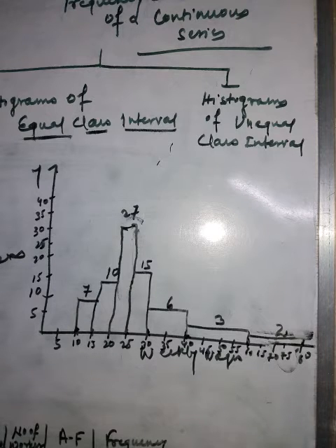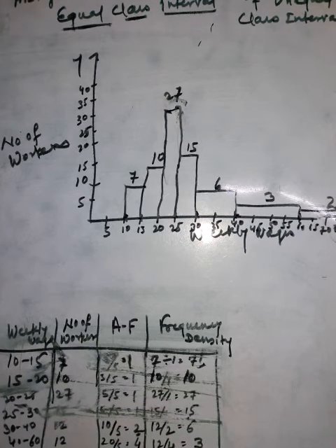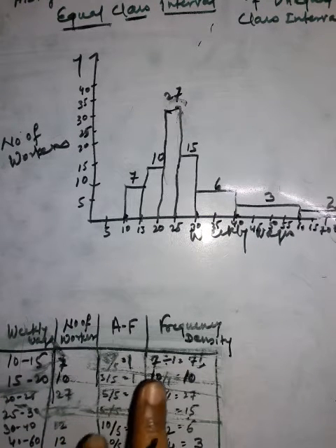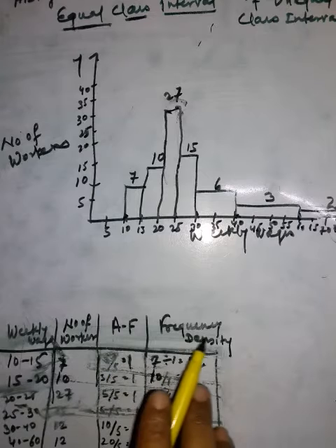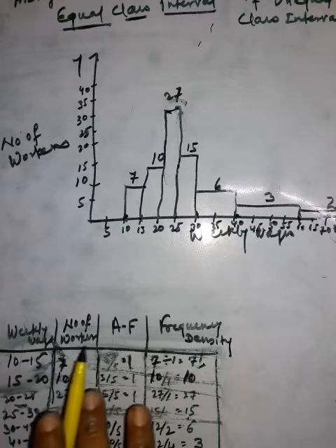Again I repeat it because it is a little bit difficult, so I am trying to explain it again. First, in an unequal class interval, we have to find the adjustment factor, then the frequency density. How can you find the adjustment factor?